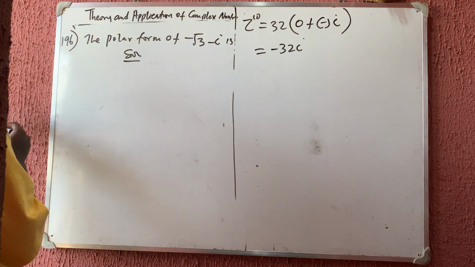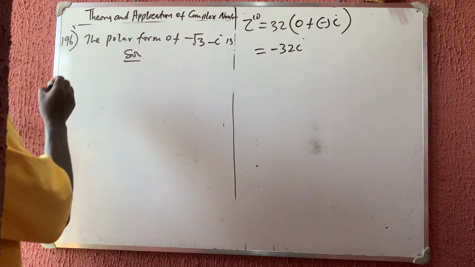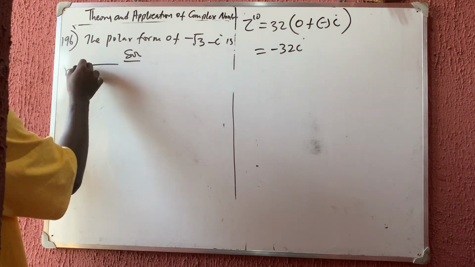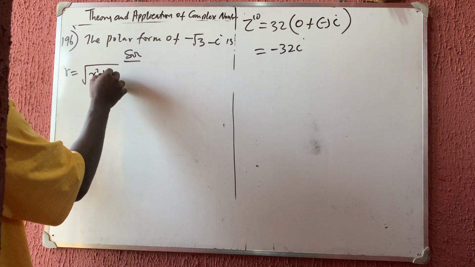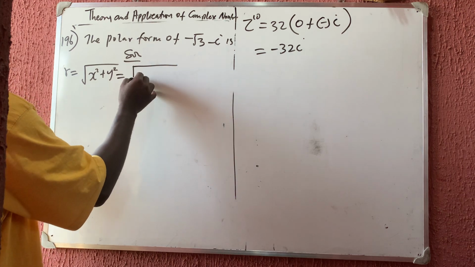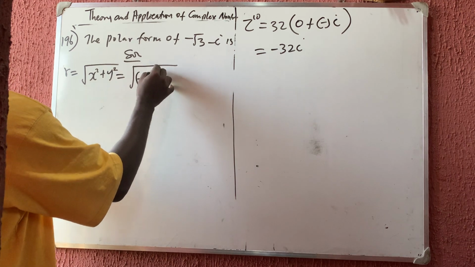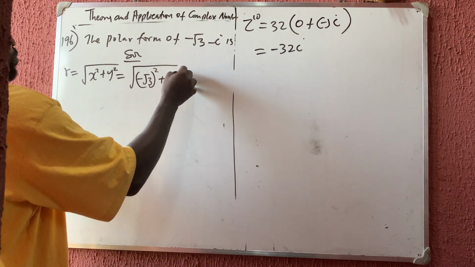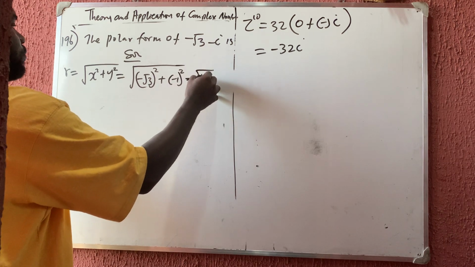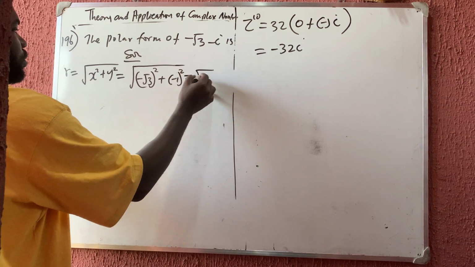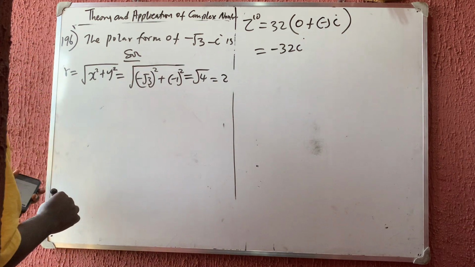Solution. The first thing we get is the modulus. The modulus r is equal to the square root of x squared plus y squared, which is the square root of minus root 3 all squared plus minus 1 squared, which is the square root of 4. The square root of 4 is 2. So we have gotten the modulus.